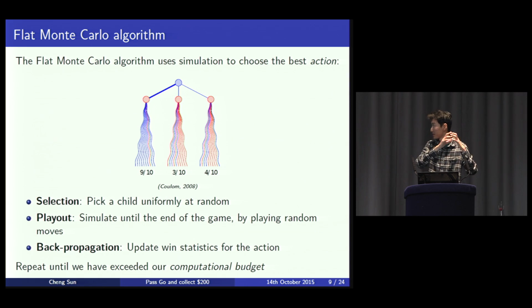Then you backpropagate the results. And then eventually you will store up some statistics for each of these 3 actions picked at random. So eventually you will build up a good idea of which move is good and which move is bad. We'll just carry on doing this until we've exceeded our computational budget, we get bored.